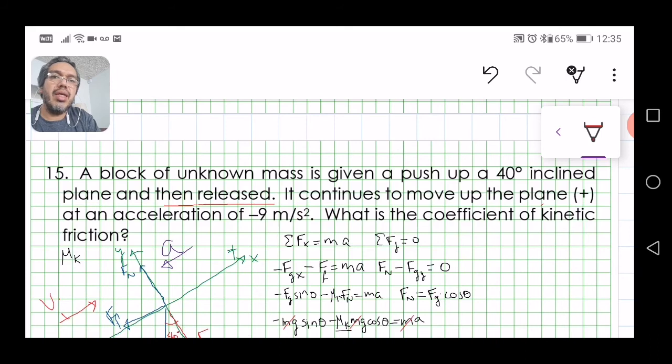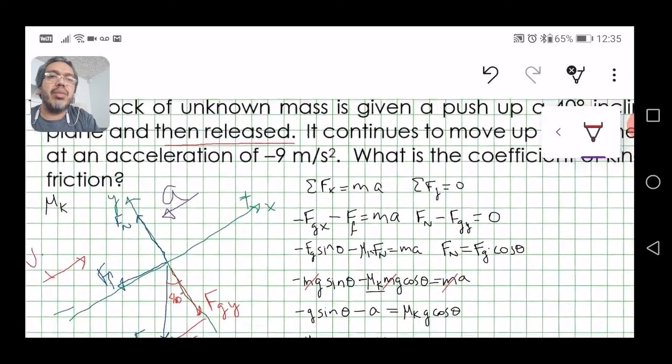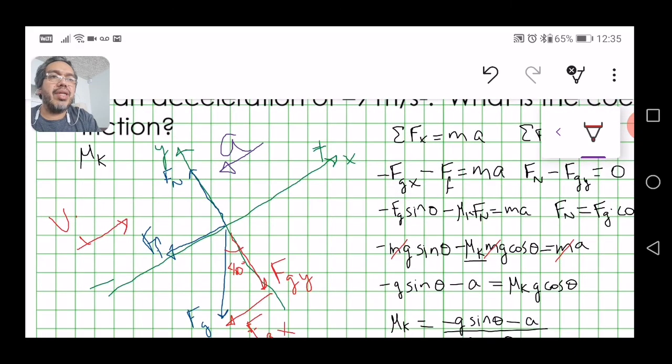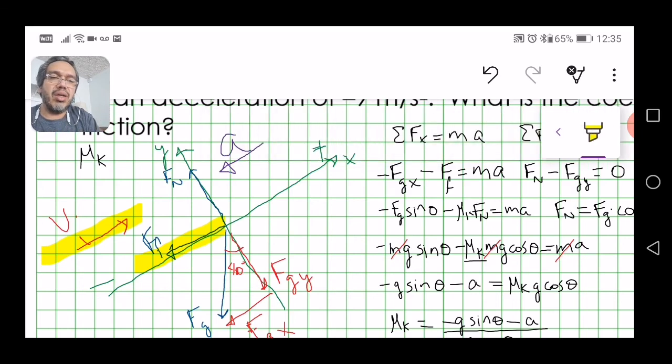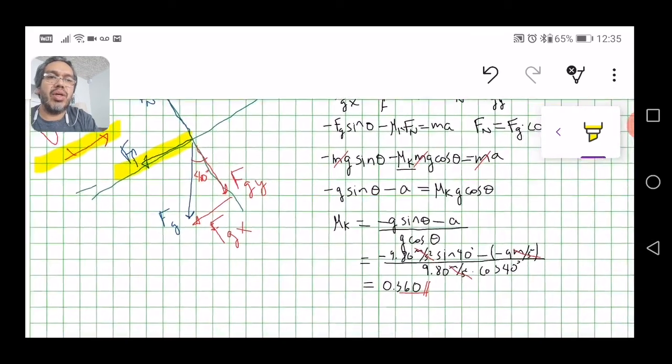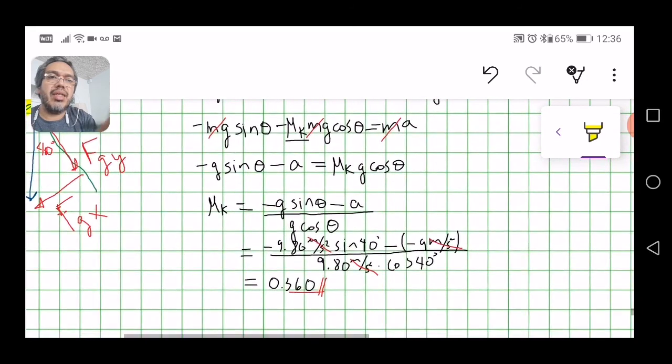You don't need an upward push. And secondly, remember all the time that the friction is directly related to the direction of the velocity, not the direction of acceleration. Because the object is moving upward, even if it is decelerating, the friction is downward. So that is your problem 15.